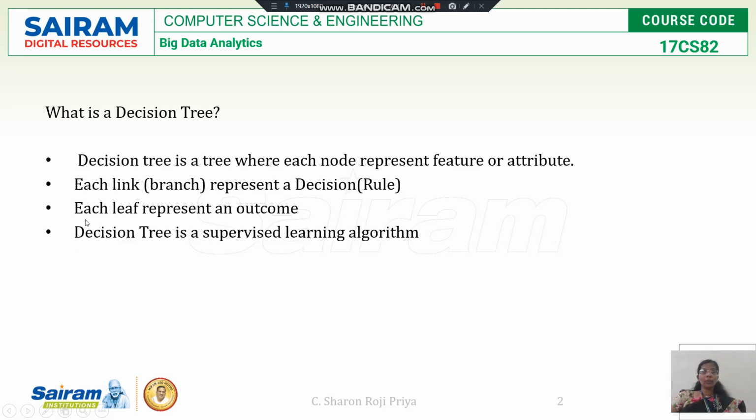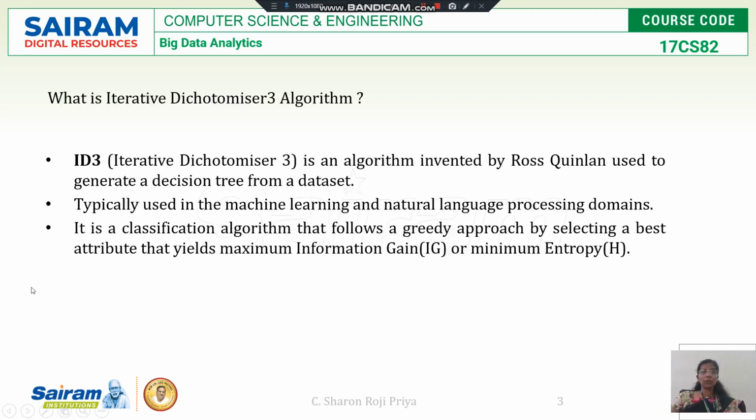In a decision tree, each leaf node represents the label. It gives you the label, or I can say it represents the outcome. And how to form this decision tree? A decision tree can be formed using the ID3 algorithm.